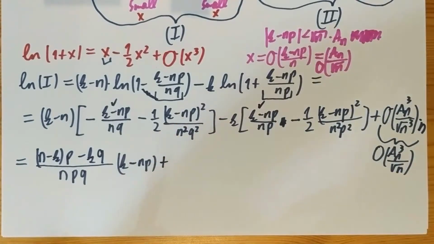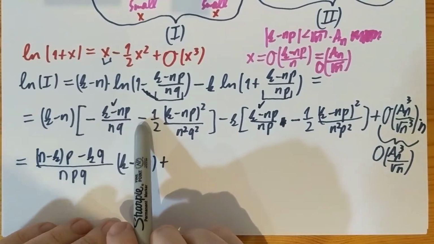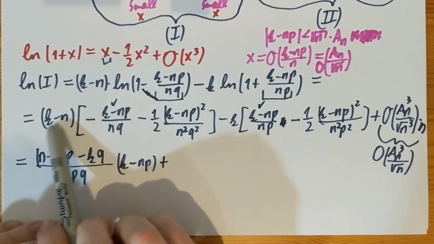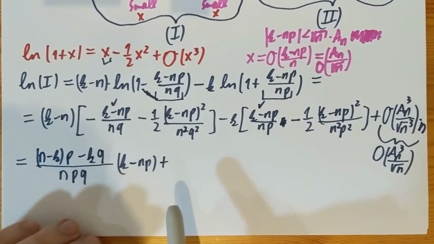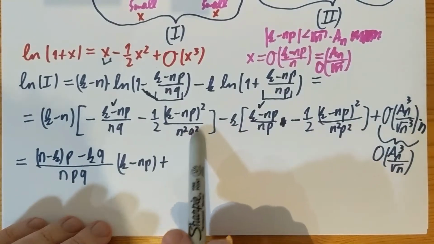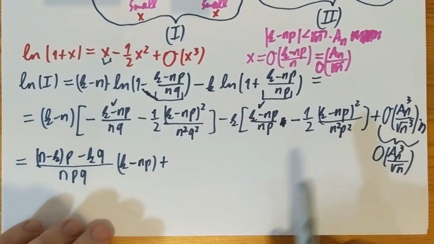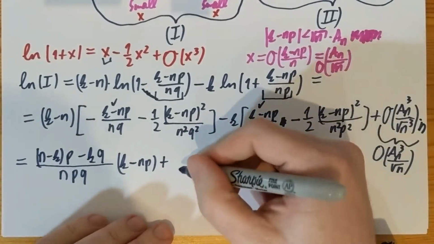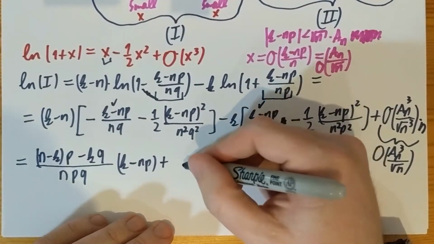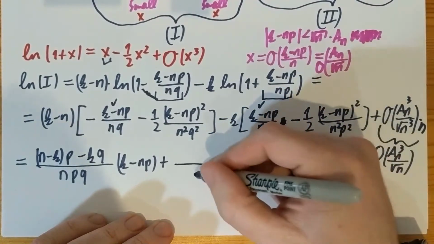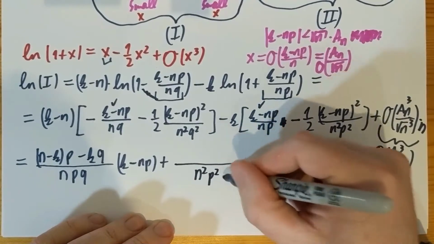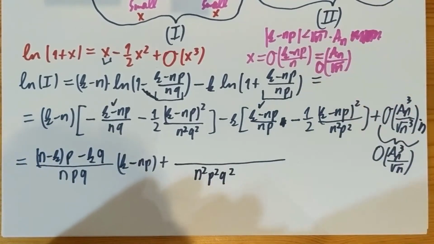So for the quadratic terms, I'm going to again have a minus sign here, and that will change k minus n into n minus k in a second. I also have two different denominators, which I'm going to make common. So for the quadratic terms, I'm going to have n squared p squared q squared for the common denominator.